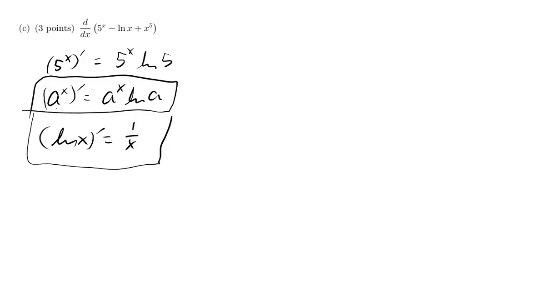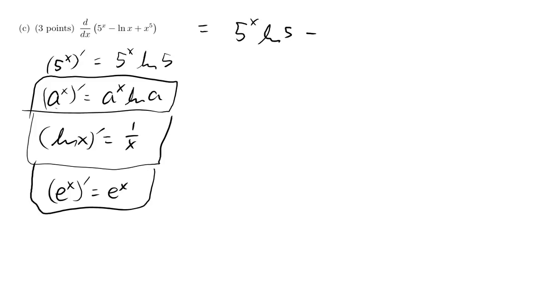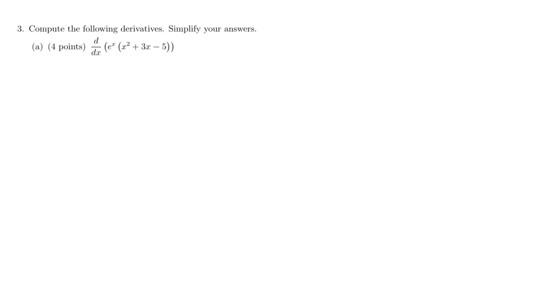Yeah, I guess just one more in addition to this should be this formula. So you have to know these three formulas. Therefore, when you differentiate this, it's going to be 5 to the x ln of 5 minus ln of x differentiates to 1 over x. x to the 5th, 5 comes down, and you subtract 1 off of 5, so that's what it is.